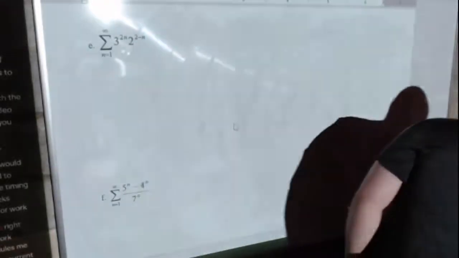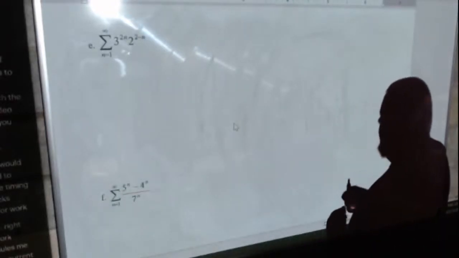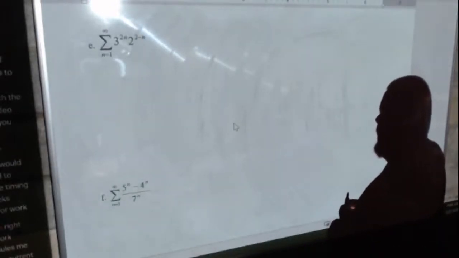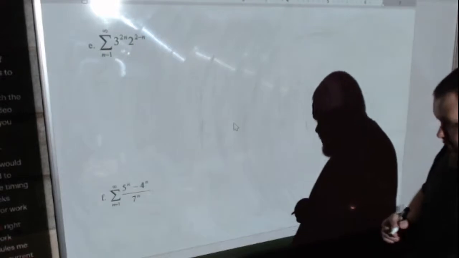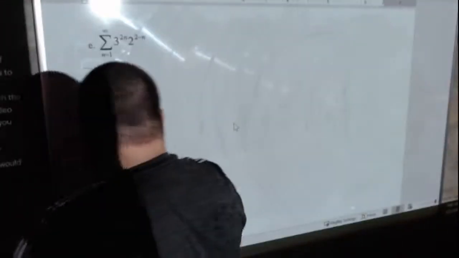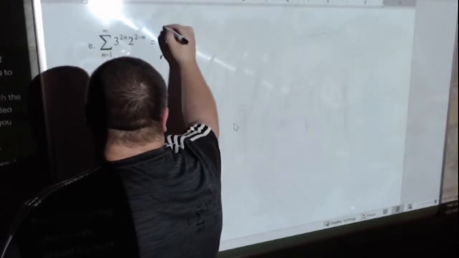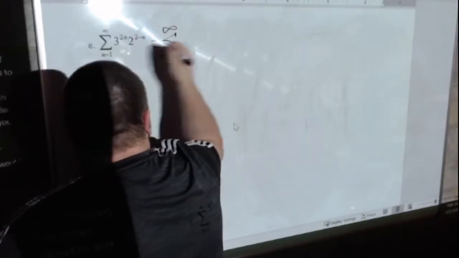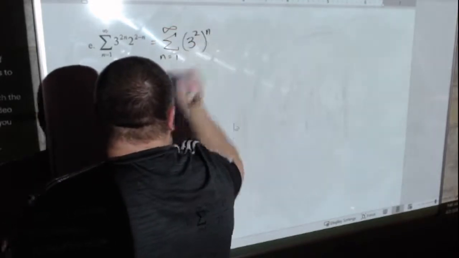Alright, so I think we have two more here. First one is 3 to the 2n times 2 to the 2 minus n. So this one's a little different. We actually have to make this 3 to the 2n into 3 squared to the n.